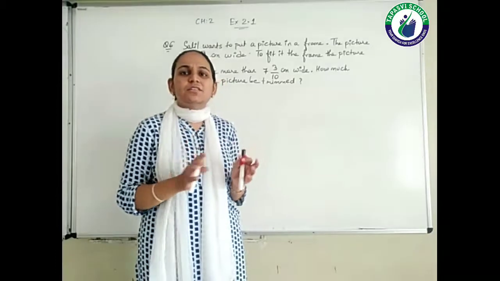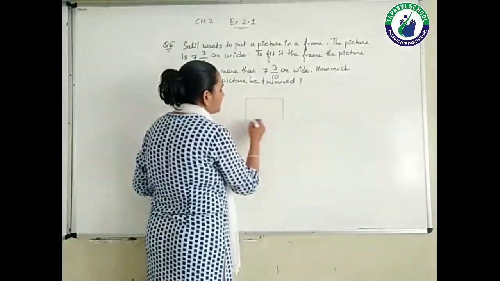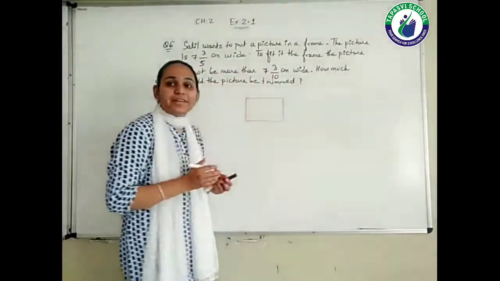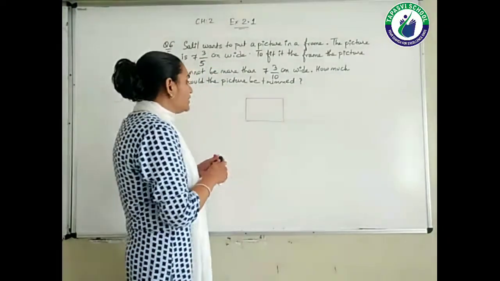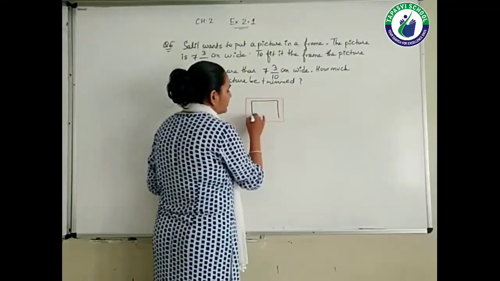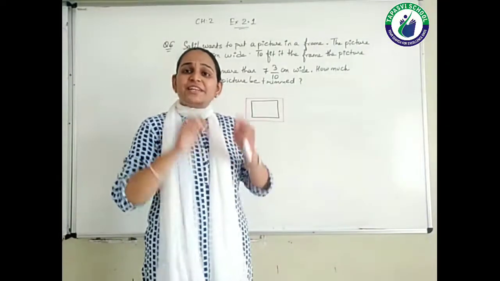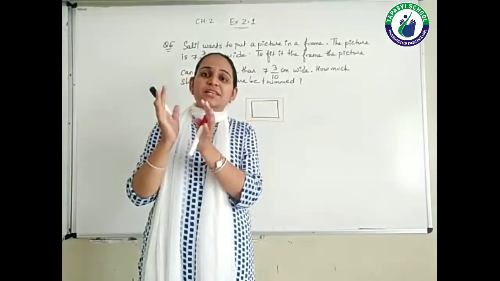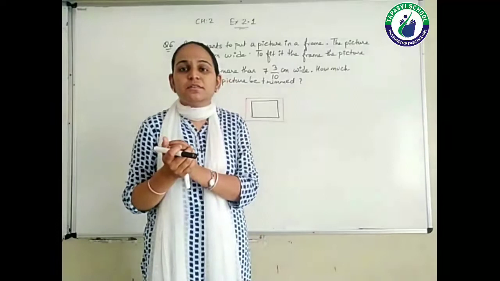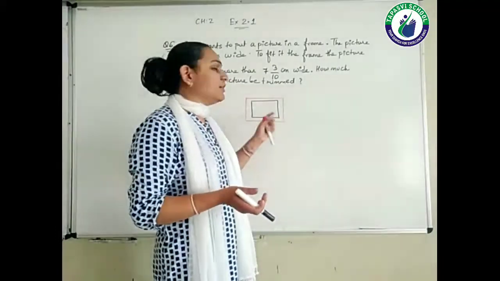See, consider the scenario that this is, for example, your picture, and this is your frame. You can consider it like this, right? So the picture is a little bit bigger than your frame.